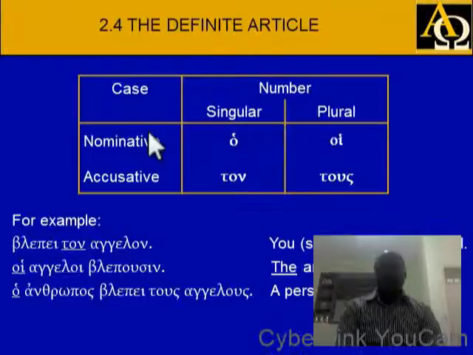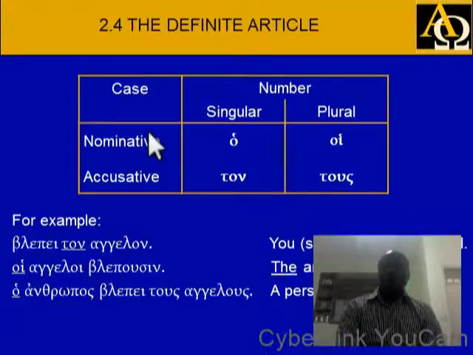Okay, so blepei ton angelon. You see, or in this case, he or she, it sees the angel. So whenever the definite article is not used, you assume that it's indefinite. Then it becomes an angel. But in this case, we have the definite article, which is ton. So ton angelon, it's the angel.